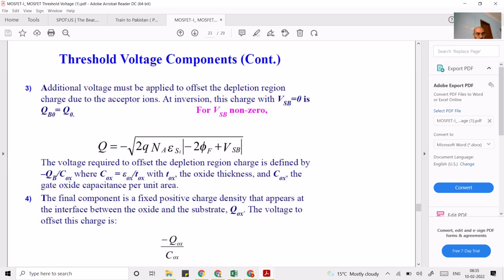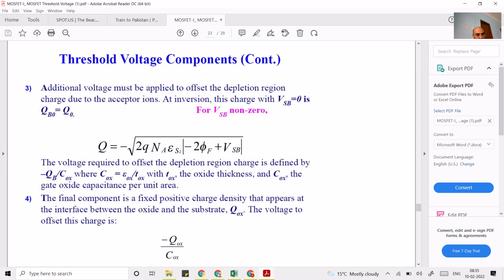Okay, and this Q is basically your charge density, that is the charge density per unit area. If you just check the unit, then you will find that Q is the charge density per unit area. And if we want to find the voltage, the amount of voltage we want, we know that Q is equal to CV.